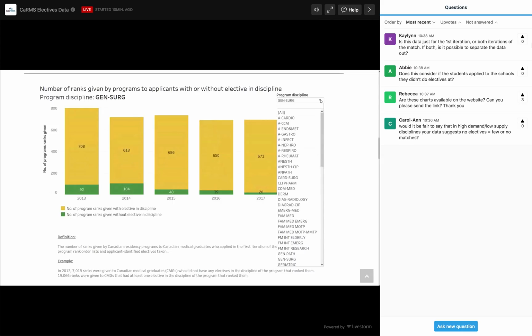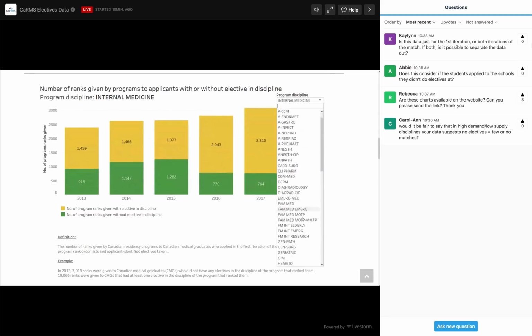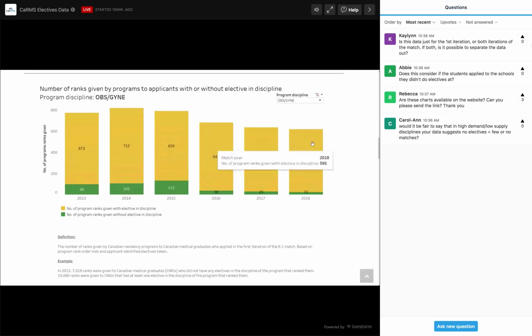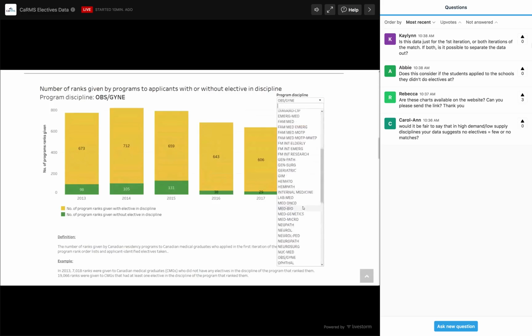I suspect that's where a lot of attention will be paid: what are the differences, what are the trends, is there anything that folks can connect dots on. Moving down to internal medicine, obstetrics and gynecology, and finally, but only because of the alphabet, pediatrics.